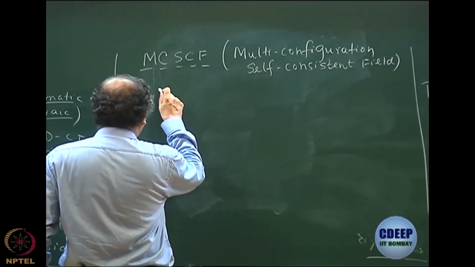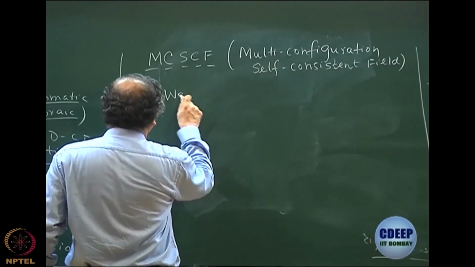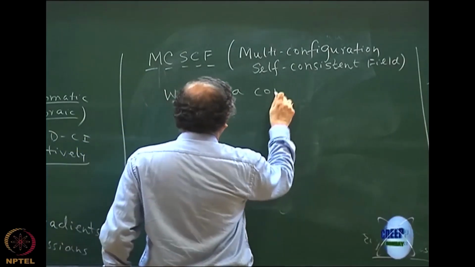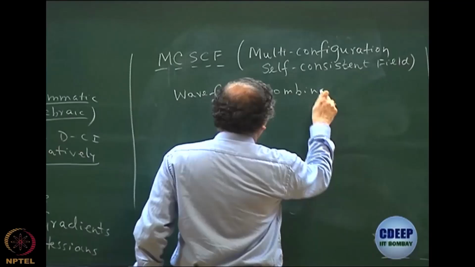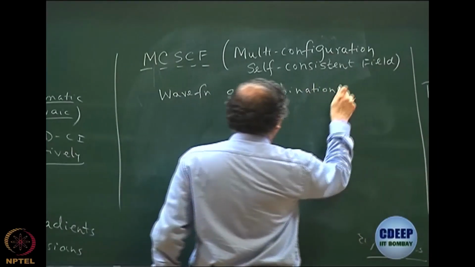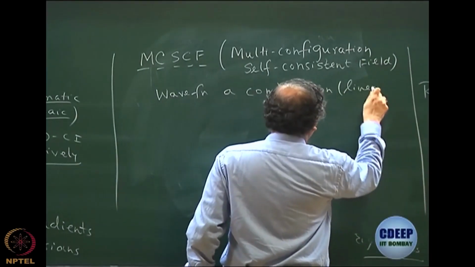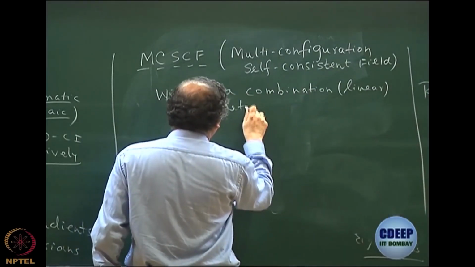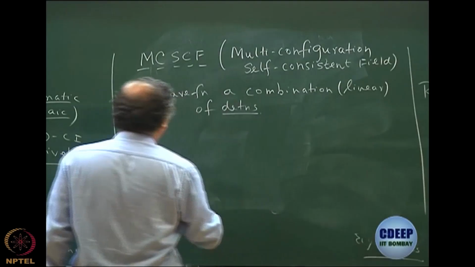So, you have a wave function which is a linear combination of determinants, and these determinants have to be chosen carefully.